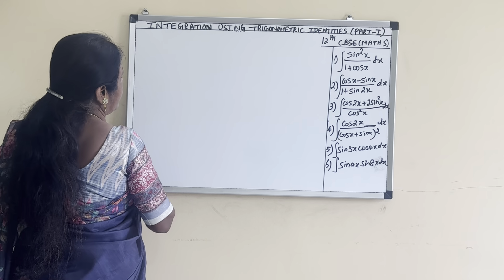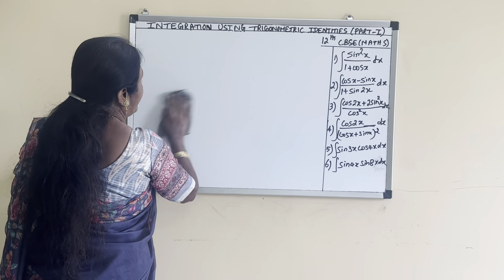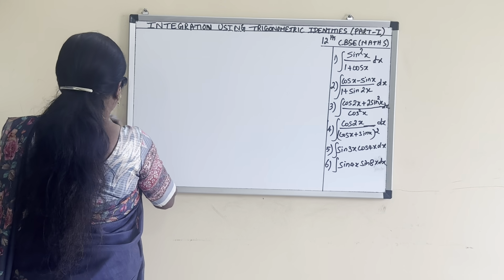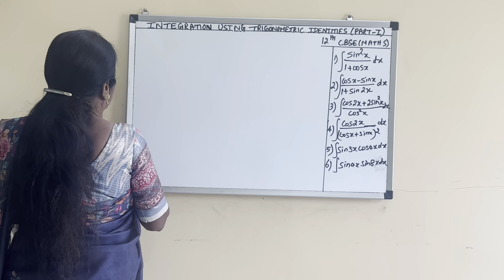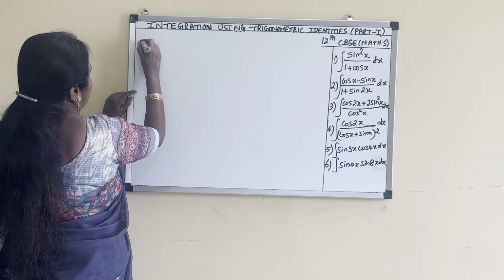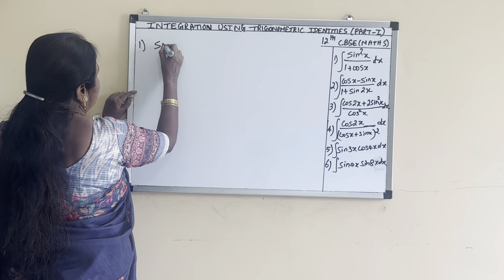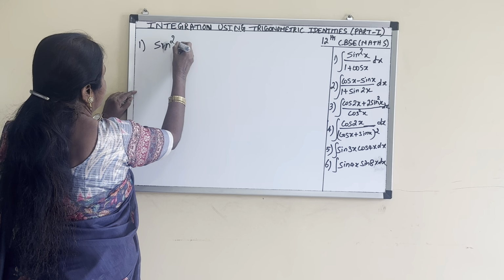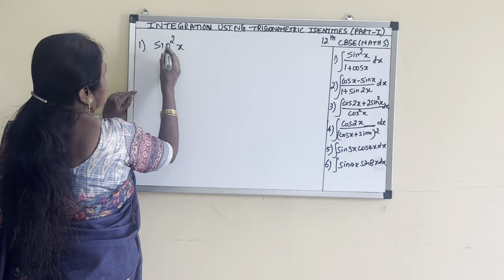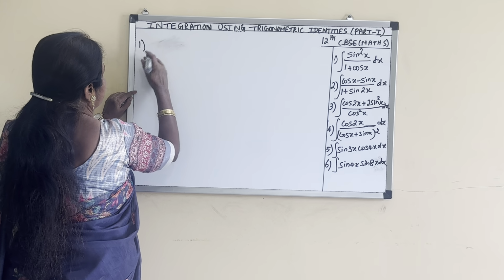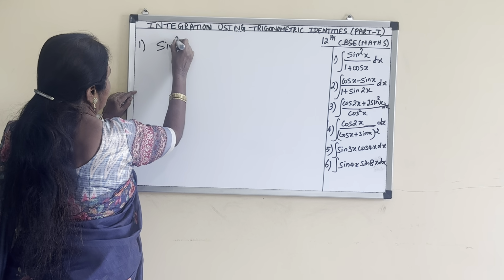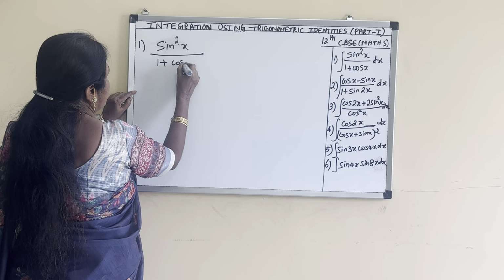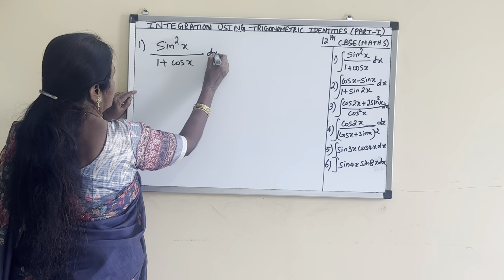The first question is sin squared x by 1 plus cos x. So the first question I am taking, integration of sin squared x divided by 1 plus cos x into dx.